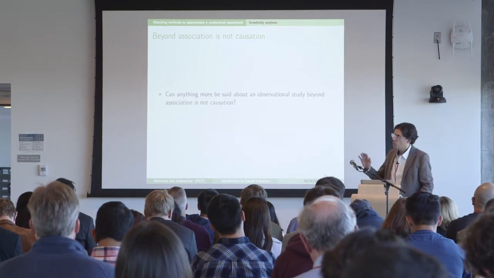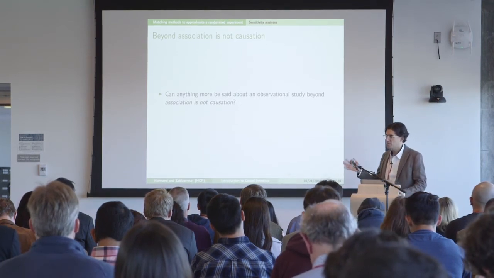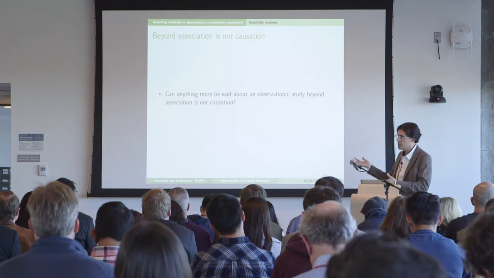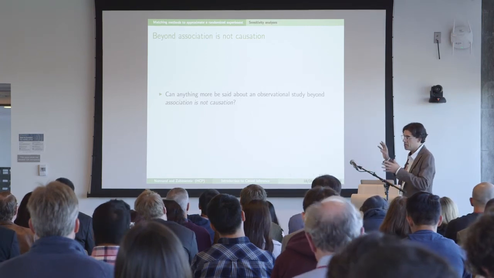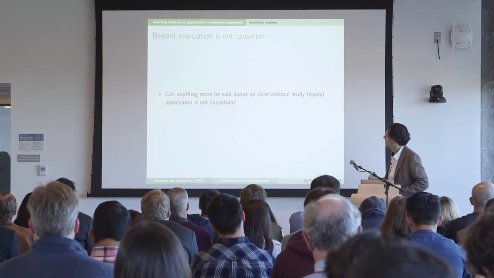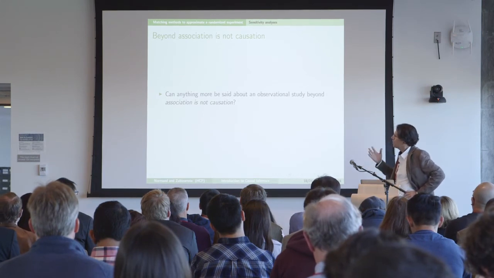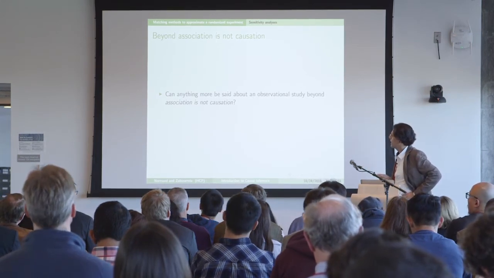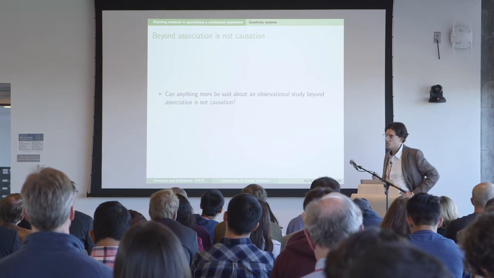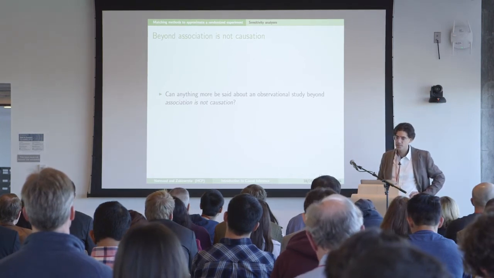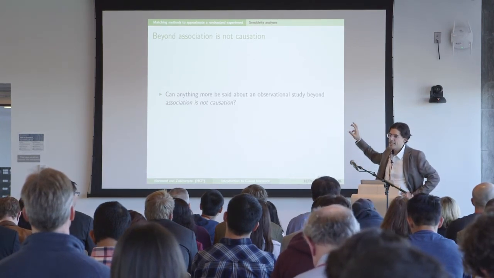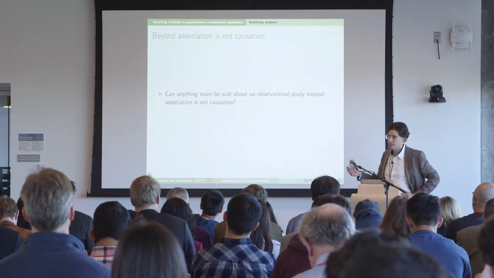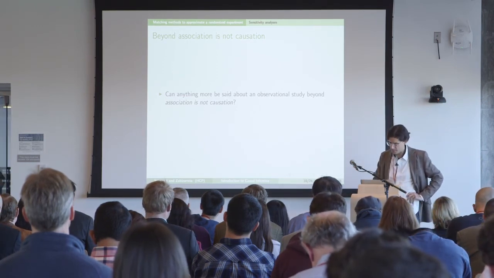So here I'm going to present one mode for sensitivity analysis for match pairs. There are others. What I like about this one is that I think it's very simple, elegant, with few knobs, and quite interpretable. So the question is, can anything more be said about an observational study beyond association is not causation? Can we make this qualitative statement a quantitative one and put a number to that?